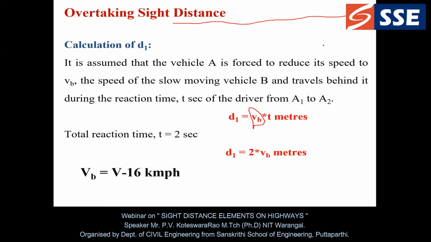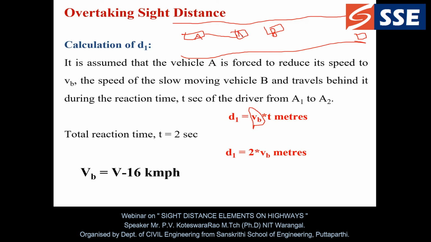Please observe this one. This is our vehicle A. This is the vehicle B. This is the vehicle C. So here vehicle A comes up to this point. Now when vehicle A comes behind vehicle B, then what is the velocity I need to consider for vehicle A? Is it VA or VB?